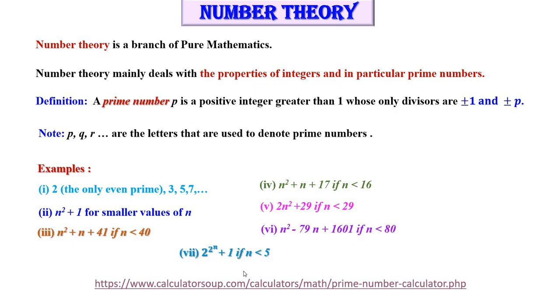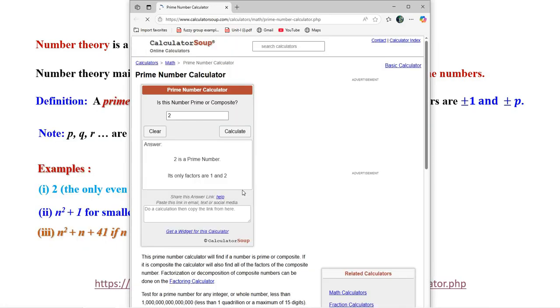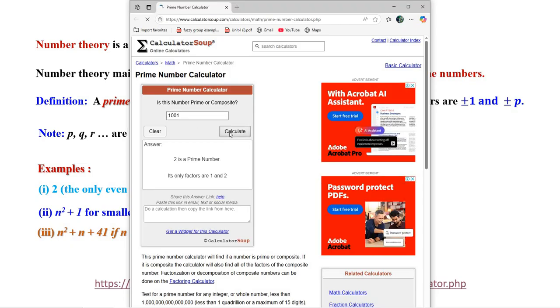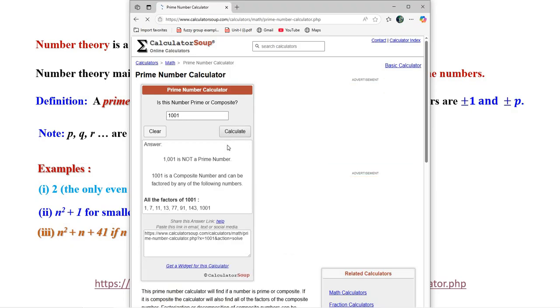And suppose you have a number and you would like to know quickly whether that number is a prime number, then you can visit this website. If you go there and enter a number, say 1001, I just want to know whether it is a prime number or not.